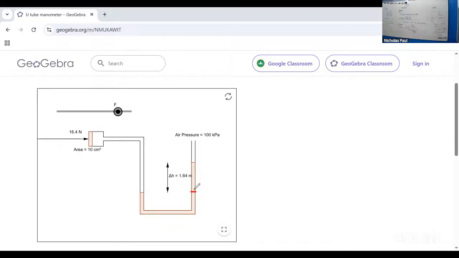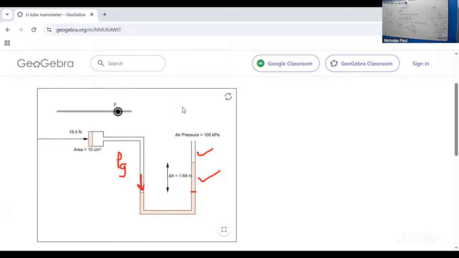At the same level, the pressure is the same. So if I have pressure acting here, that's the pressure of the gas, then the pressure of the gas should be equal to this pressure plus the pressure of the atmosphere. That makes sense? If here equals here, then I should be able to add these two things and get this.